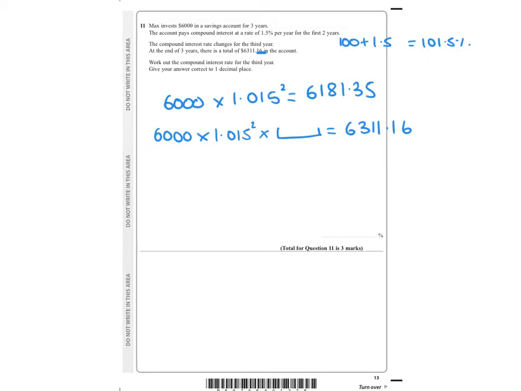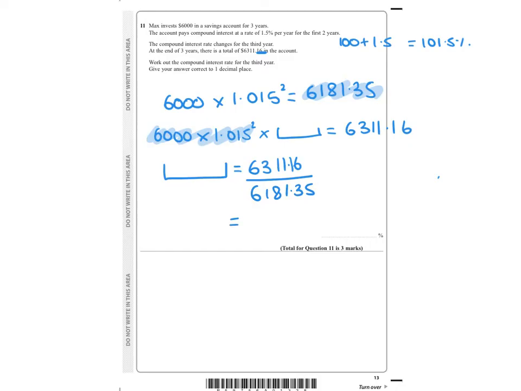And if you want to get rid of anything that's multiplied, we need to divide. So essentially, to find out what I've multiplied by in that box, I'm going to have 6,311.16 divided by this, which we already worked out, 6,181.35.